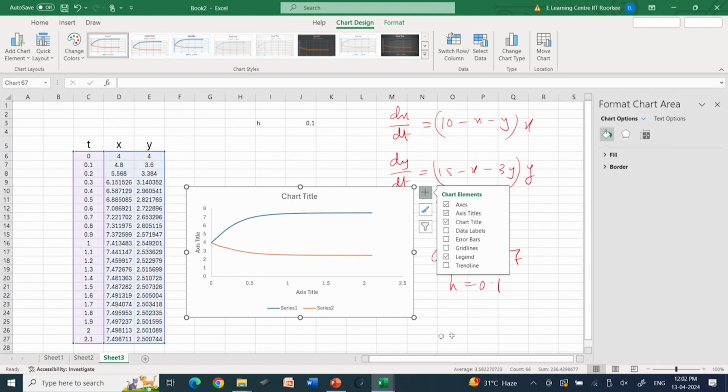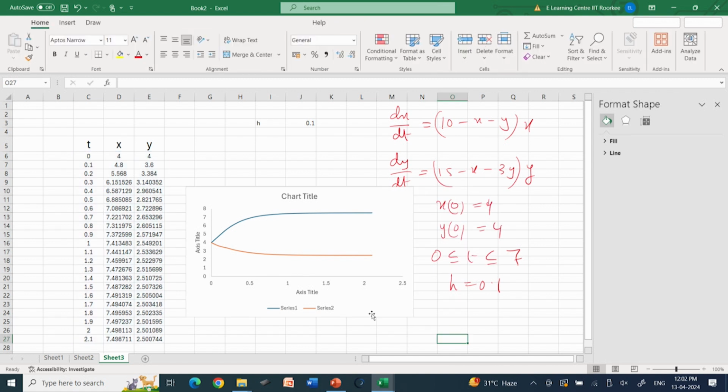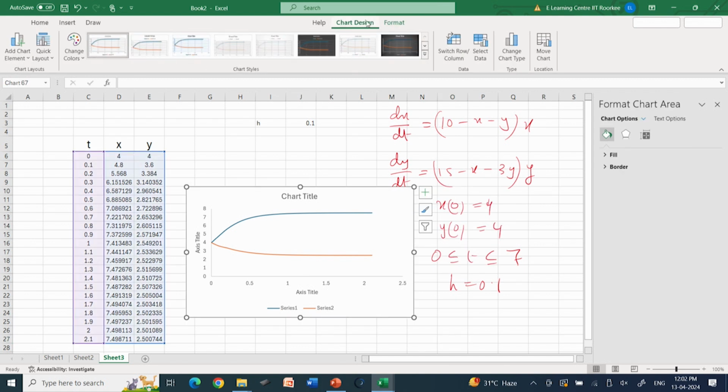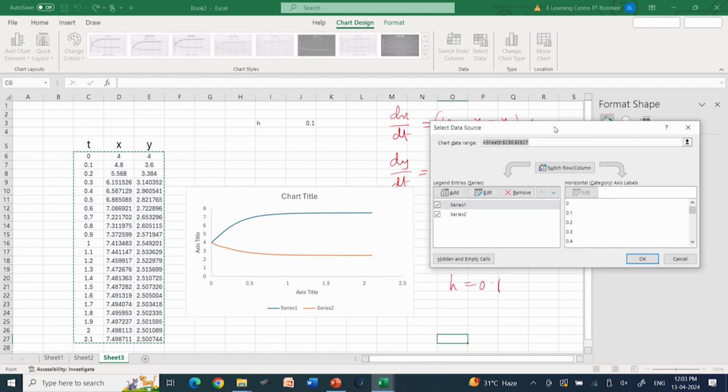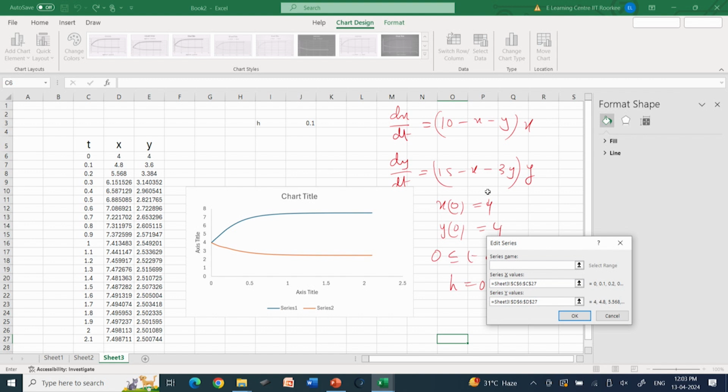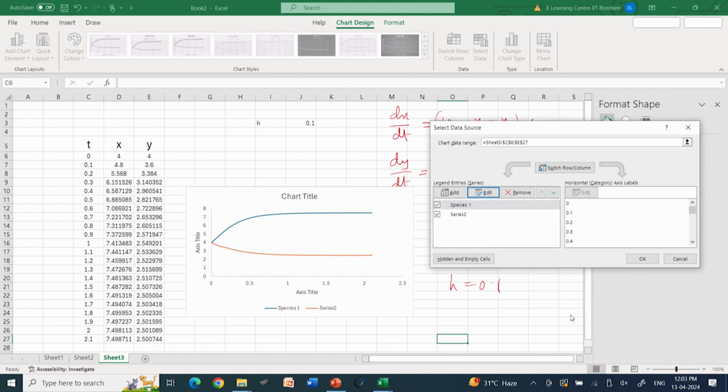So, again if you want to change this, you just click this, go to chart design, select data, series 1, edit, and you type as species 1 and this becomes species 1.